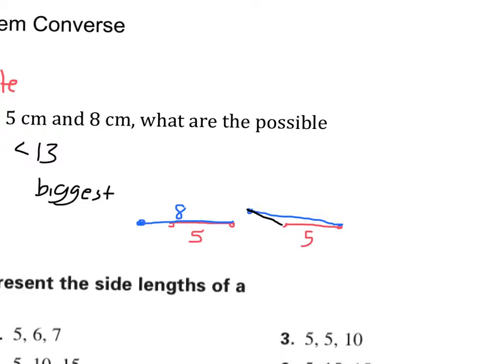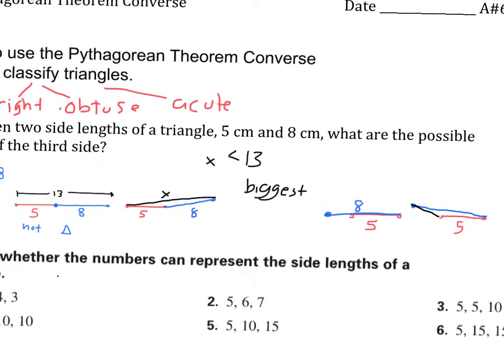My black is extremely small, as opposed to being over here, where it was the longest. I stretched it out like a rubber band, or I squashed it down over here. So if the blue is 8 and the red is 5, then the black here has to be 3. But notice that if it is a 3, it's not a triangle.